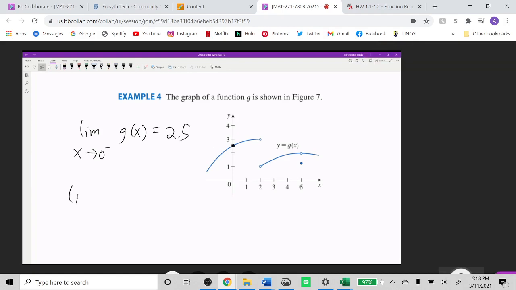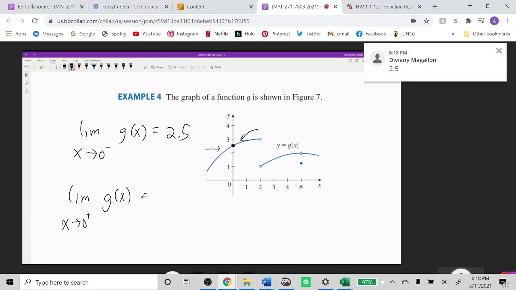What is the limit of g of x as x approaches 0 from the right? So this time from the right. What's this equal to? It's also 2.5.